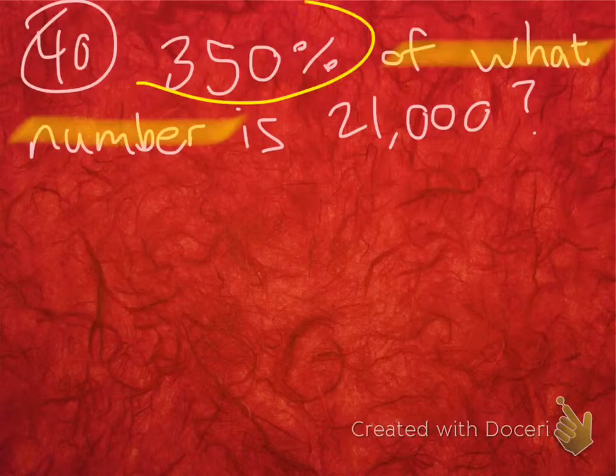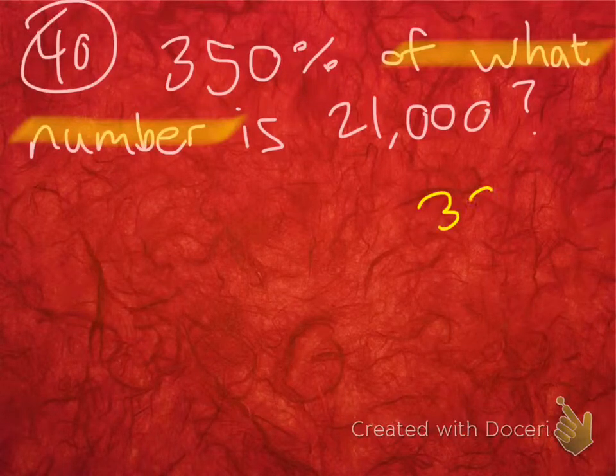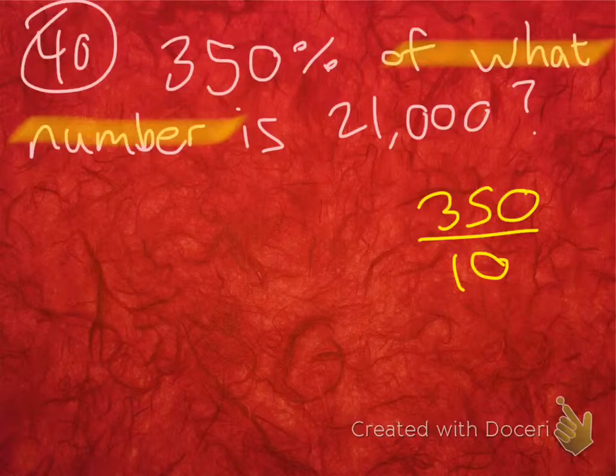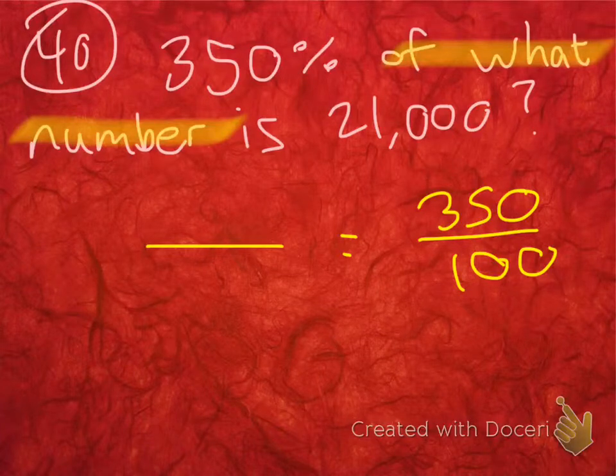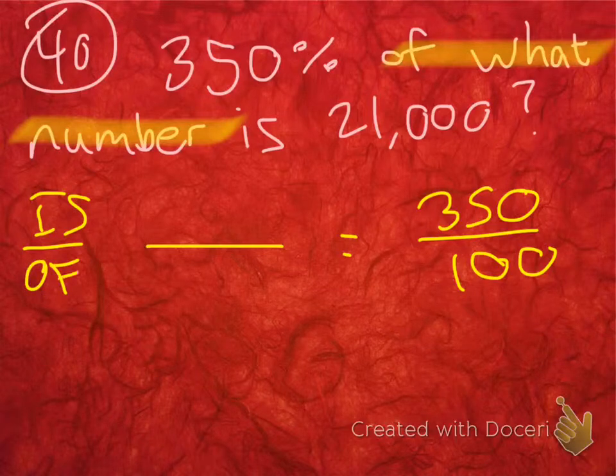So again, percent automatically means out of 100, so let's do that now. And then equals another ratio. So it says 350% of what number is 21,000. When it's of what number, as I say in class, it's part over whole.